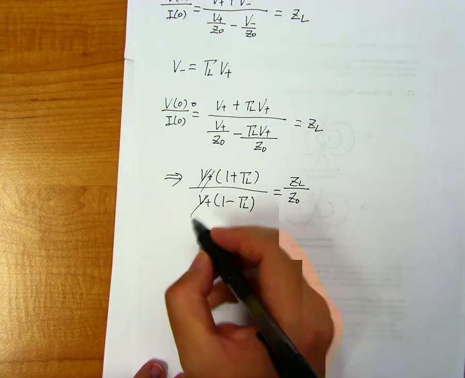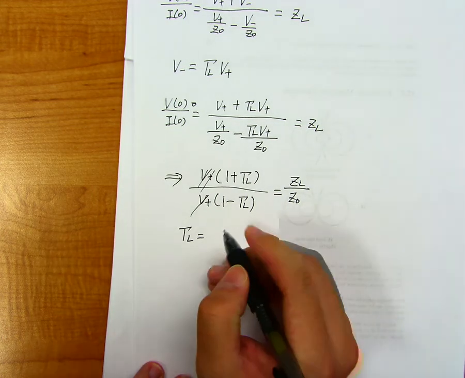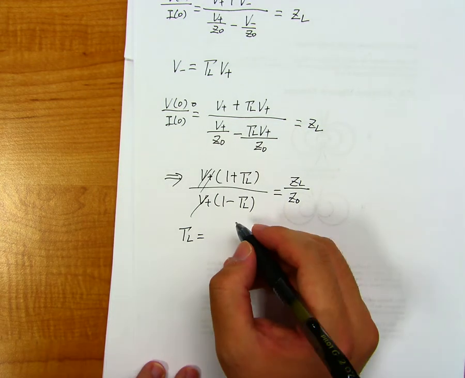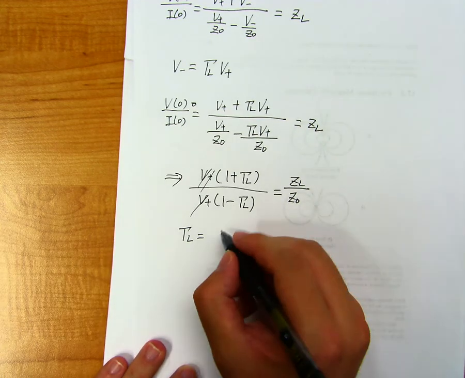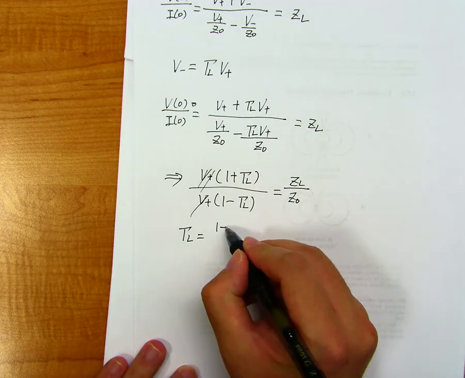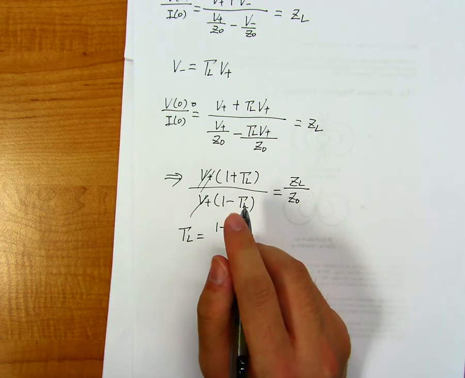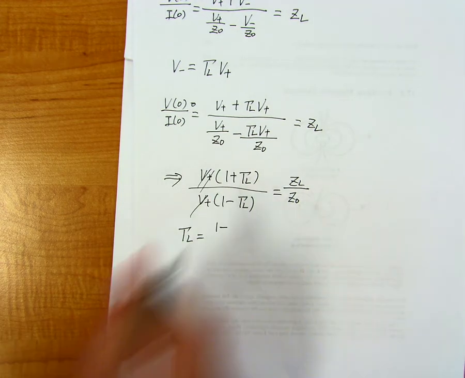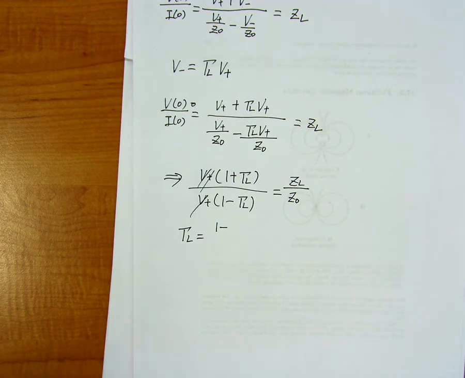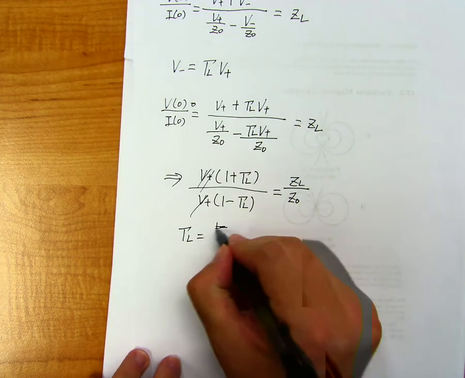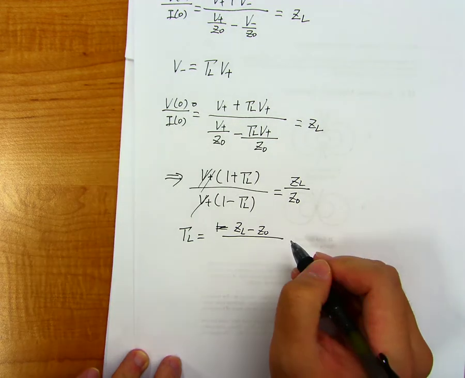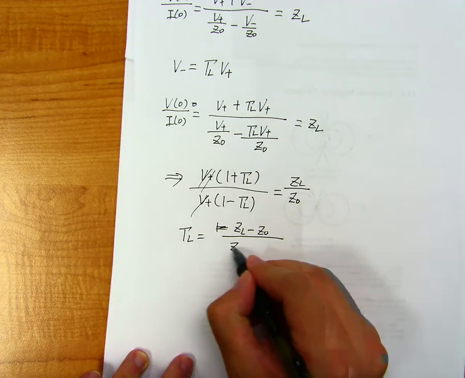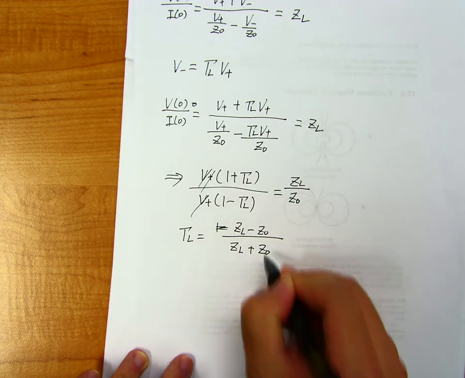So you can express gamma L in terms of ZL and Z naught. Okay, so gamma L is equal to ZL minus Z naught divided by ZL plus Z naught.